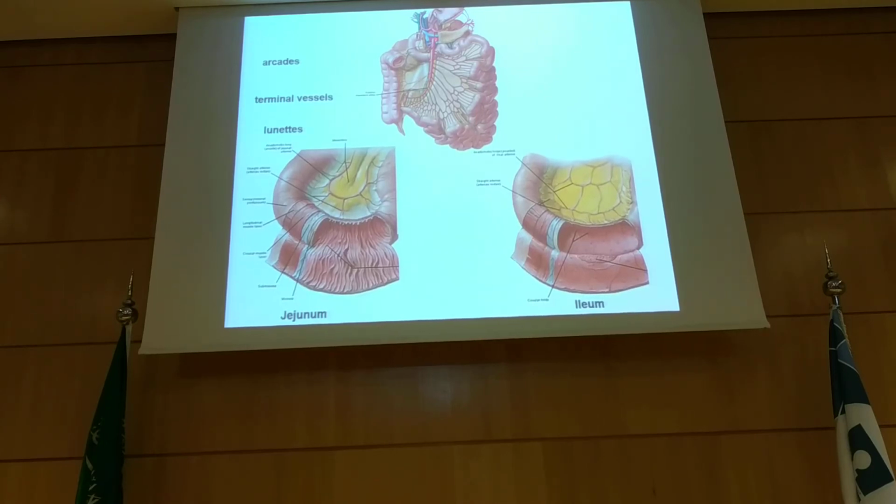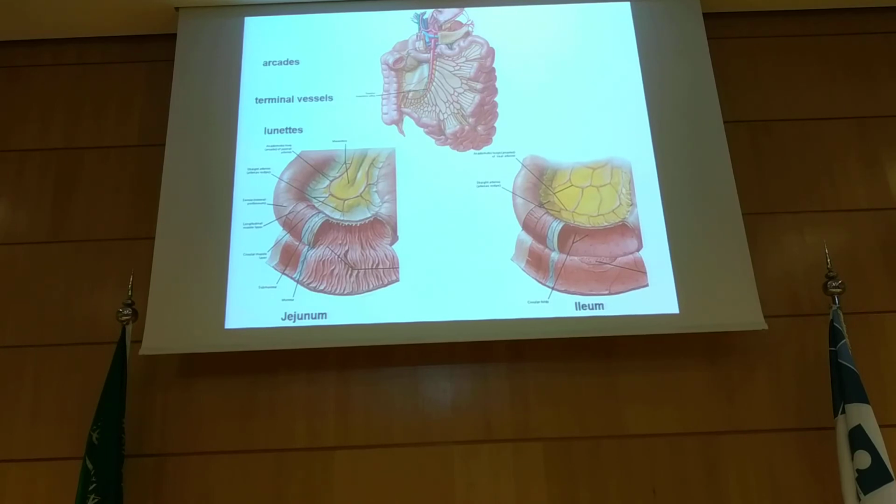This is the superior mesenteric artery supplying the small intestine and other structures that we're going to see later on. In the area of the duodenum, the branches will make maybe 1 or 2 arches, and then we have long terminal vessels. As you go down towards the ileum, we will have more arches or arcades, 2 or 3 or 4, and short terminal vessels.